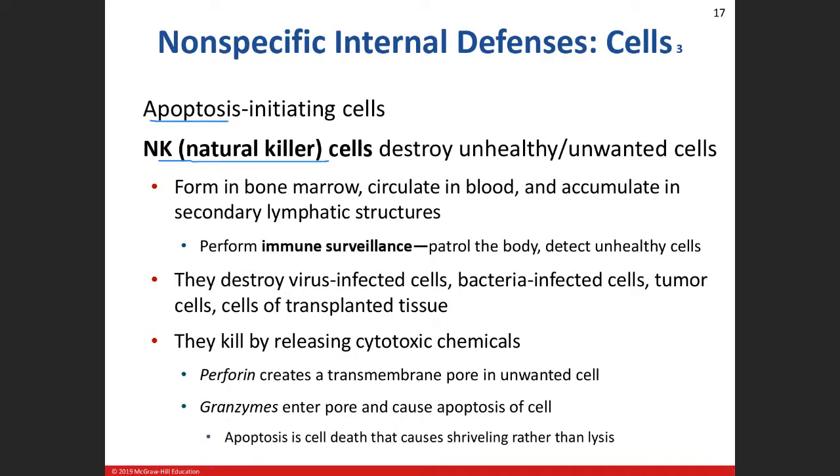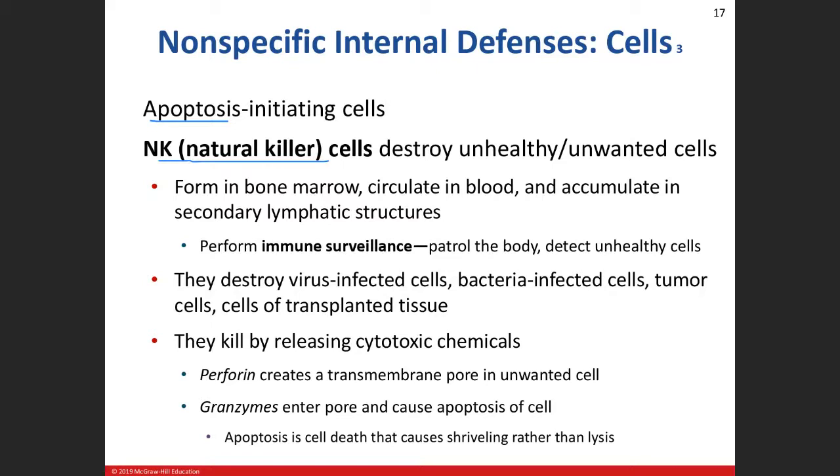They are going to destroy any type of infected cell, damaged cell, or cell that really doesn't serve a purpose anymore. Think of them as constantly floating through your body, monitoring and checking on things. If it sees any type of weakness or abnormality in a cell, it's going to kill it. It's not even going to wait. It's not like, hey, show me your papers. Oh, you don't have your papers? You're dead. I'm going to kill you.